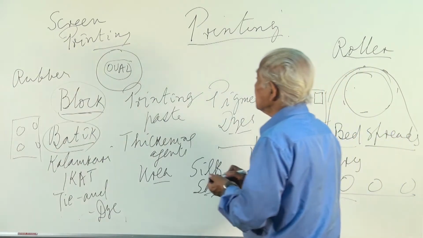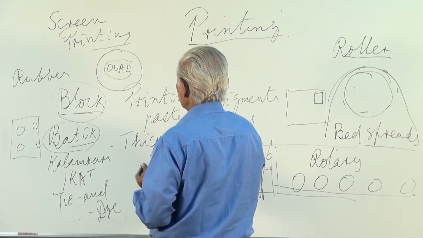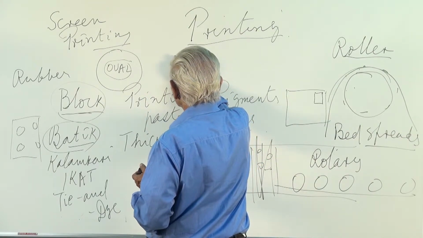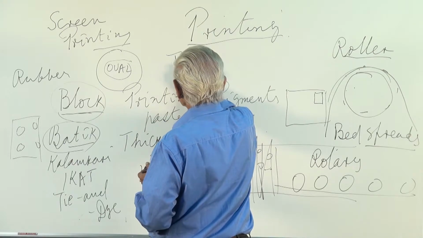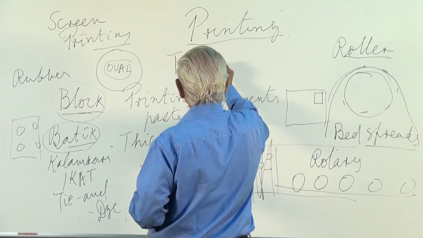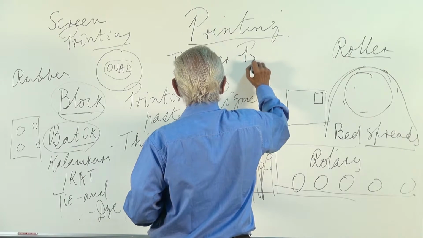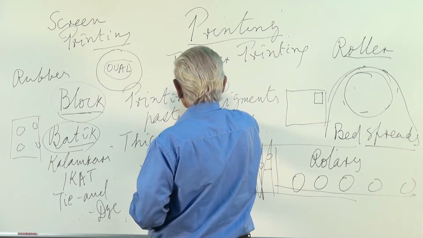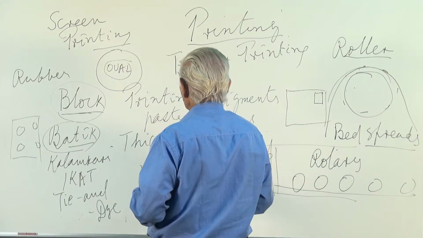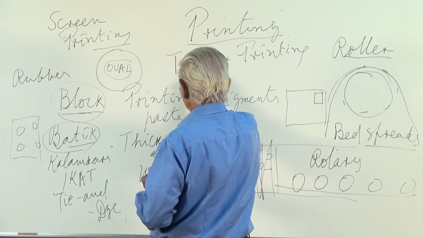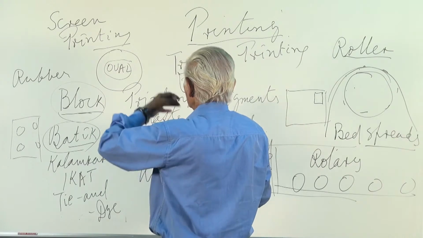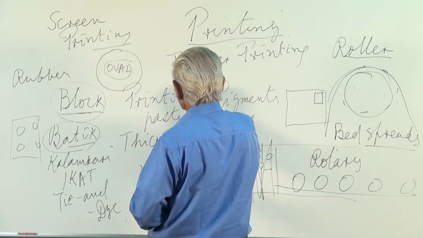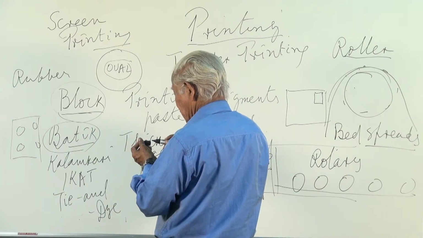And there was one printing method which was very popular, that is called the transfer printing. In the transfer printing, there is a paper which contains the design, and the film is peeled off, and then it is placed on the fabric and then heat pressed, so that the design is incorporated on the fabric.